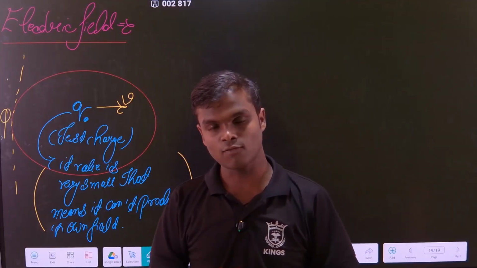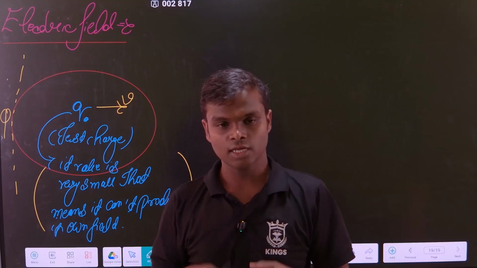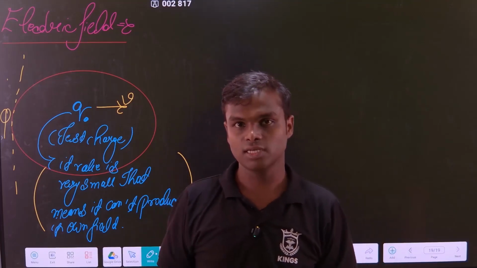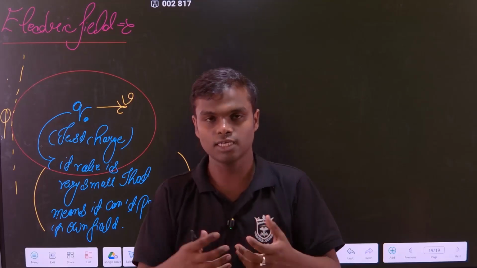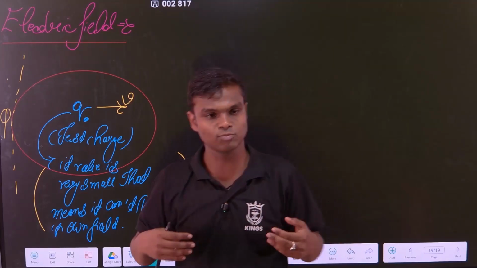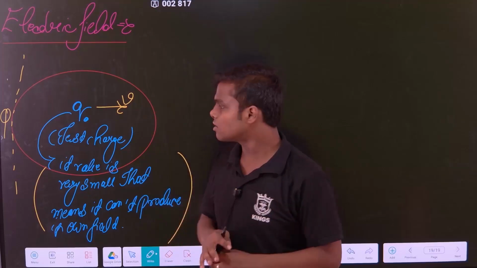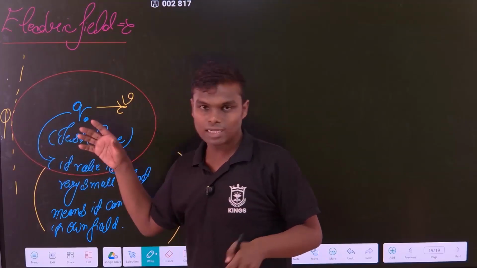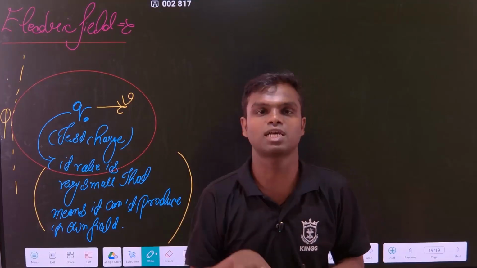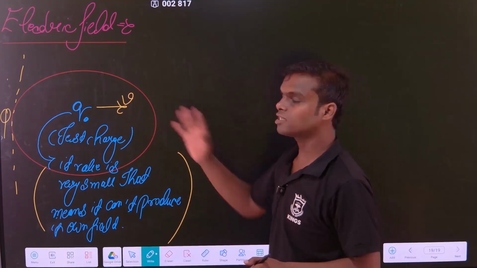Whenever Q0 is inside this particular region, it experiences some force and moves, but there is no one applying a force on it. Physically there is no interaction, but still it is moving.